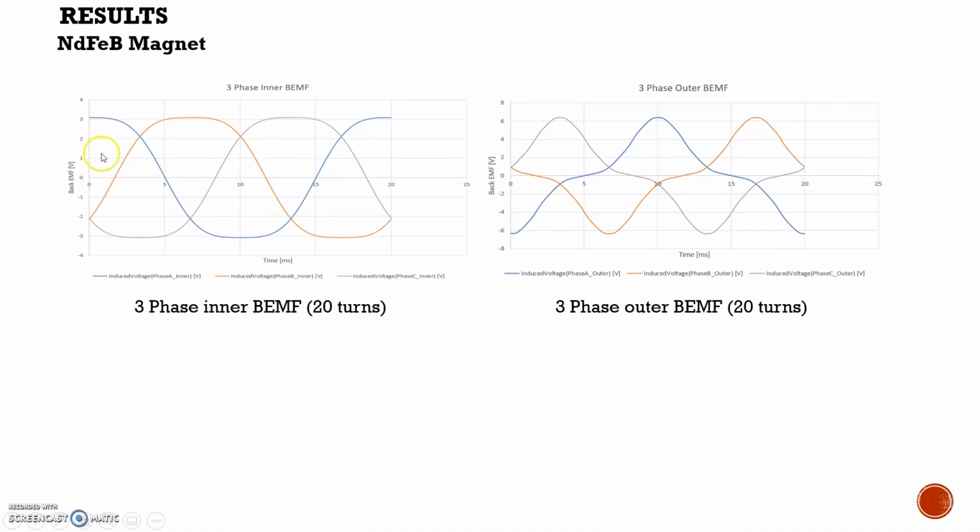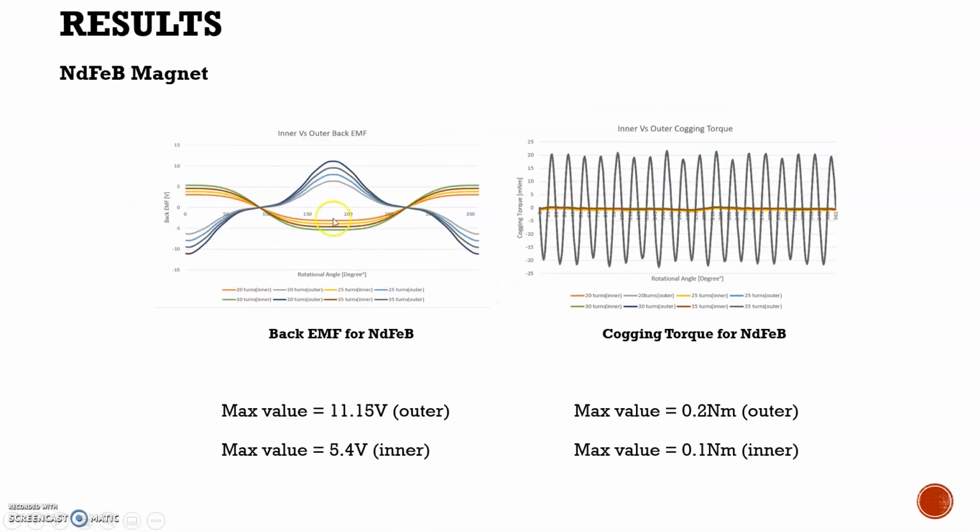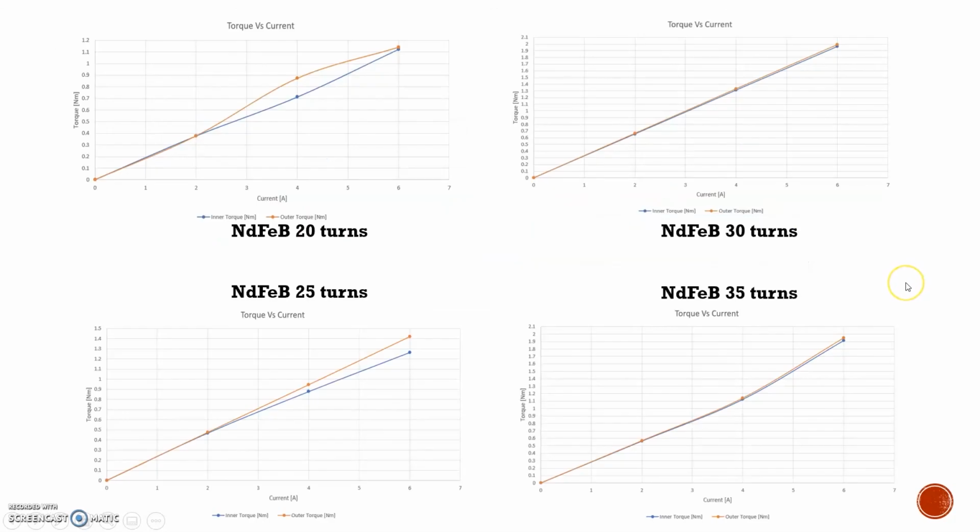I take one example from the 3-phase back EMF for 20 turns of NdFeB magnet, and then I will take one phase and plot it like this for inner and outer rotor, and I will compare for every number of turns, as well as the cogging torque, and then we'll proceed to the torque.